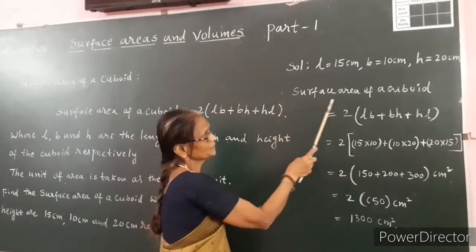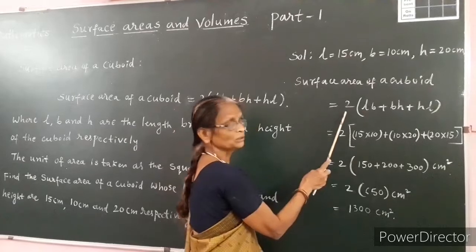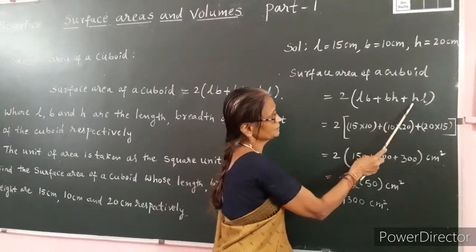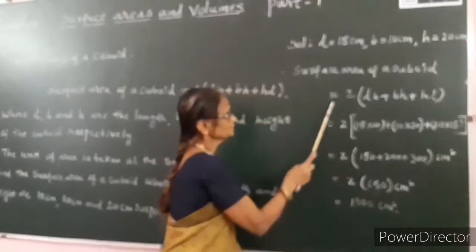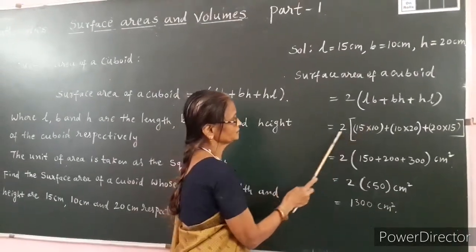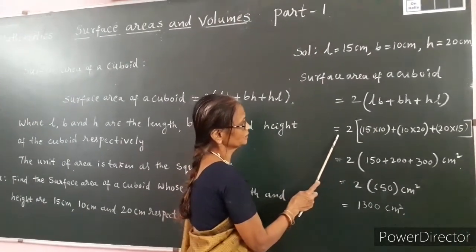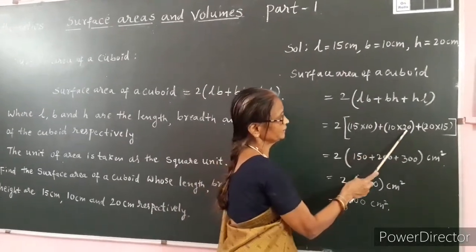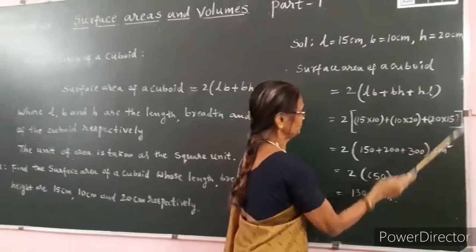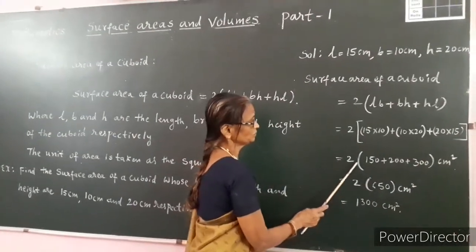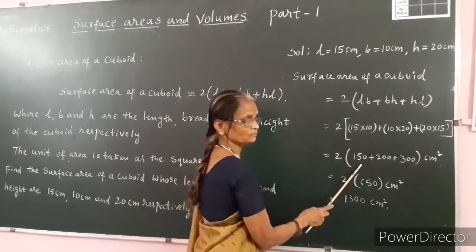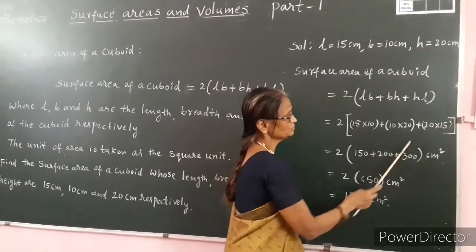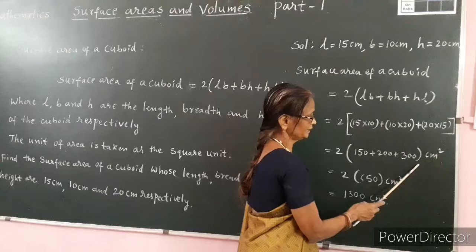We know that the surface area of a cuboid equals 2 into (L into B plus B into H plus H into L). Now substitute the values of L, B, H in the given formula, that equals 2 into (15 into 10 plus 10 into 20 plus 20 into 15). On simplifying, 15 into 10 is 150, plus 10 into 20 is 200, plus 20 into 15 is 300.